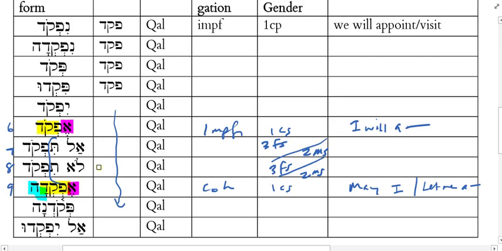All right, now let's talk about whether it's imperfect or something else. When I have all as a negative particle in front of a verb, what can you tell me about the verbal form? All negates what kind of verbal forms? Volitional ones. Okay, all negates volitional forms.